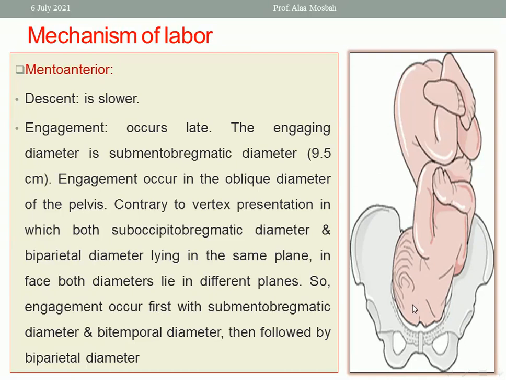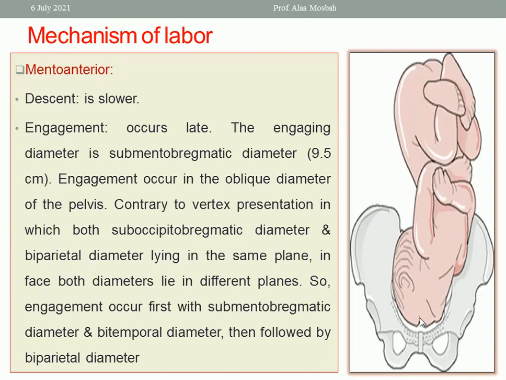Engagement occurs late. The engaging diameter is the submentobregmatic, which is 9.5 centimeters, and engagement occurs in the oblique diameter of the pelvis. Okay? Contrary to the vertex presentation, where both the suboccipitobregmatic diameter and the biparietal diameter lie in the same plane, in face, both diameters lie in different planes.